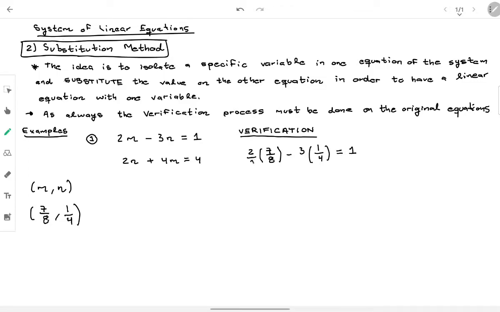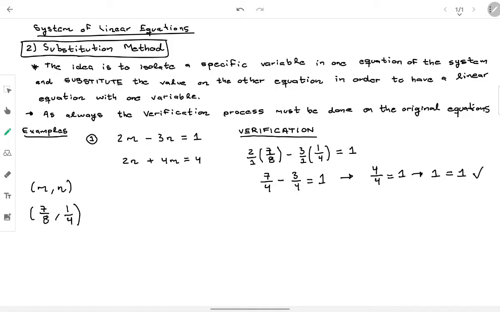So this one is like having a 1 here and having a 1 here. So it's going to be 2 and 8. They can be simplified, and it's going to be only 7/4 minus 3/4 equals 1. It's going to be 4/4 equals 1. 1 equals 1. So we have verified the first equation.